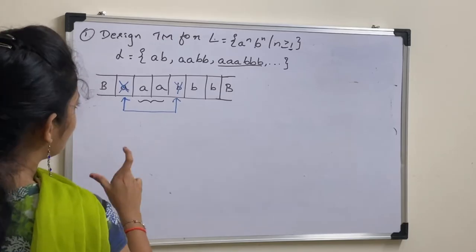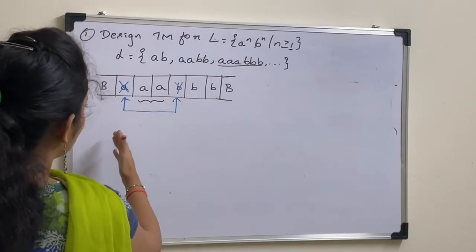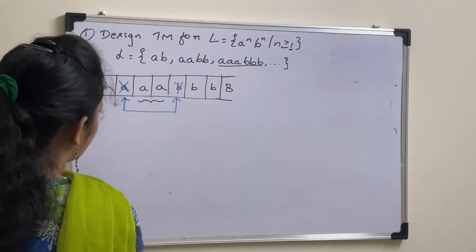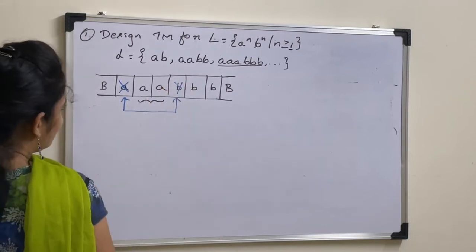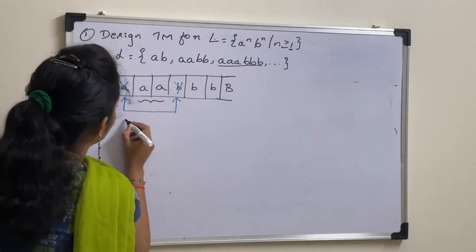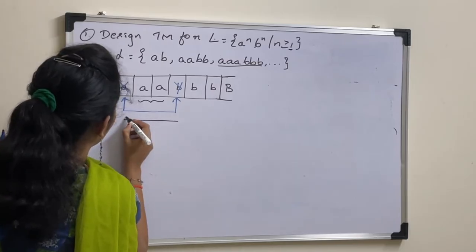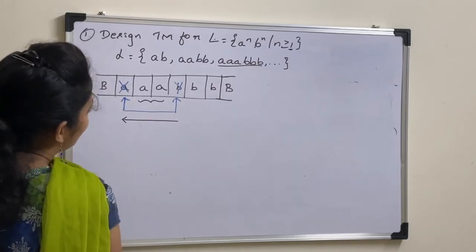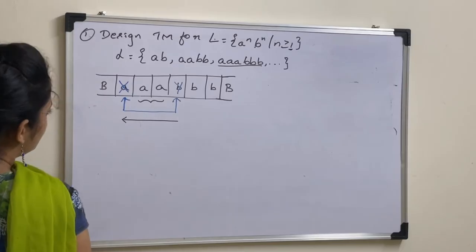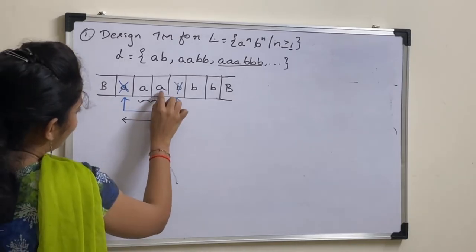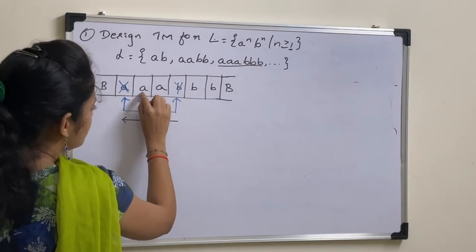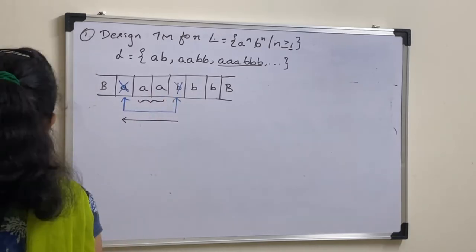But how we move from left to right and right to left is important here. After marking this with Y, again you need to move back until you get the symbol X. In the backward direction also, perform nothing on the input symbols.